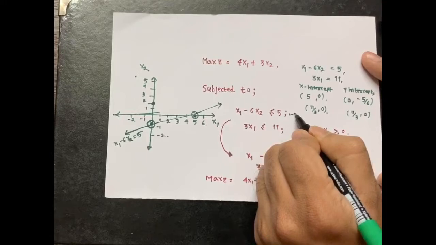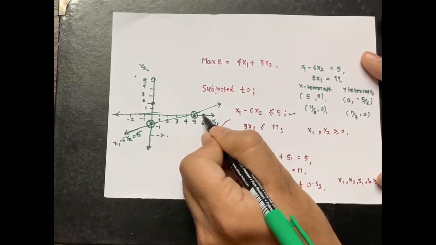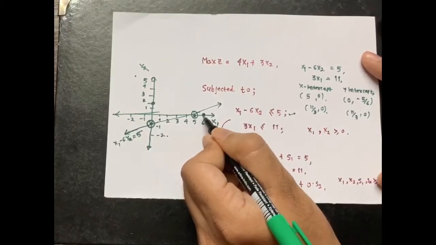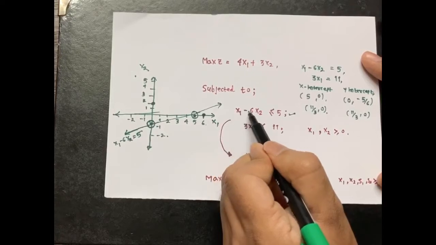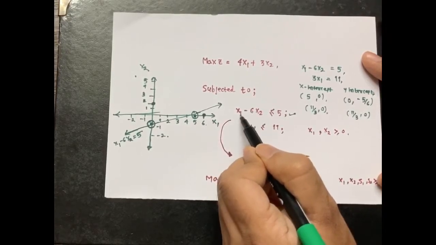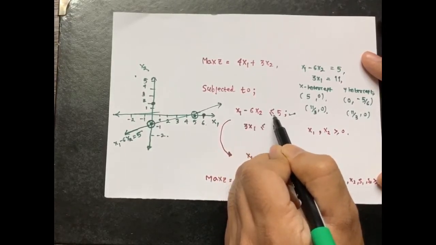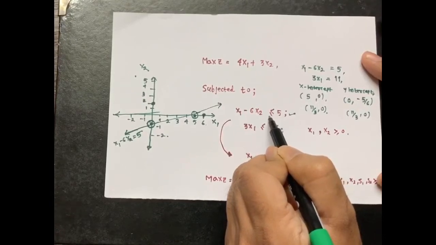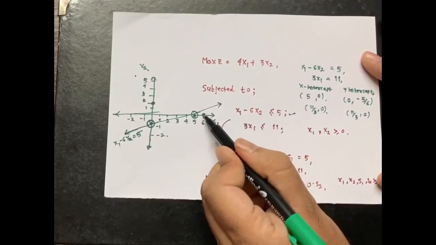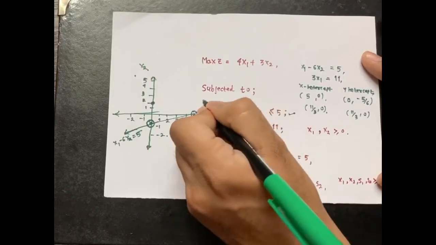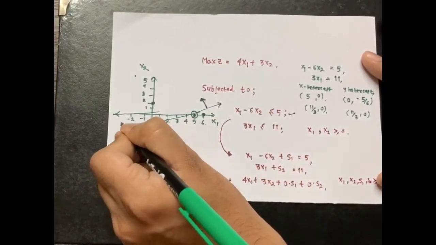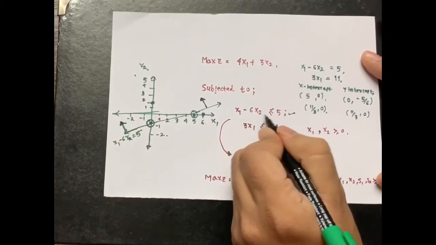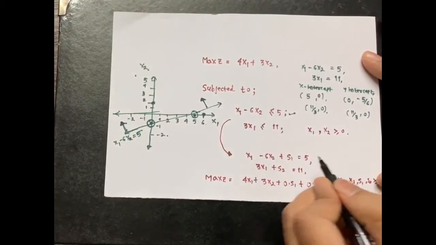So it satisfies this condition. If I place this value 6, 0, then 6 minus 0 is not less than 5. So it does not satisfy this condition. So it is very clear that this is the region which this particular line satisfies.